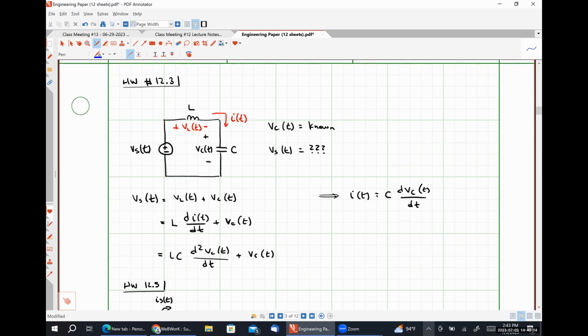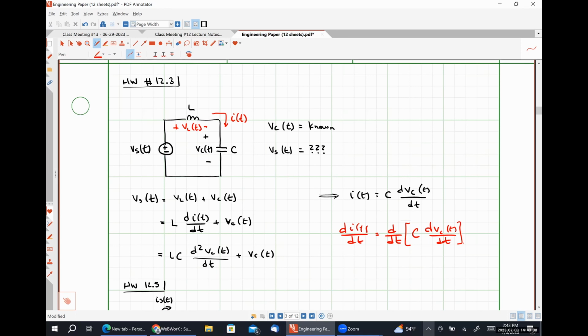So let me do it a bit more explicitly here. The derivative of I of t with respect to time is going to be the derivative with respect to time of C dvc by dt, right? C is a constant, so we can take that out.